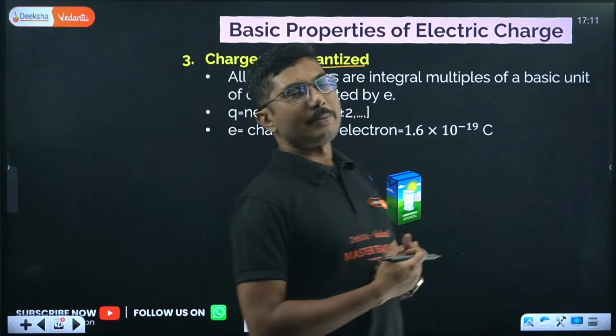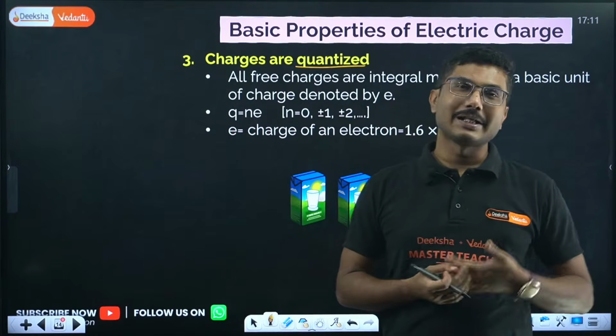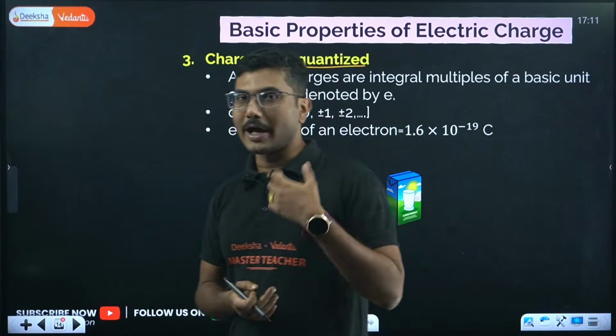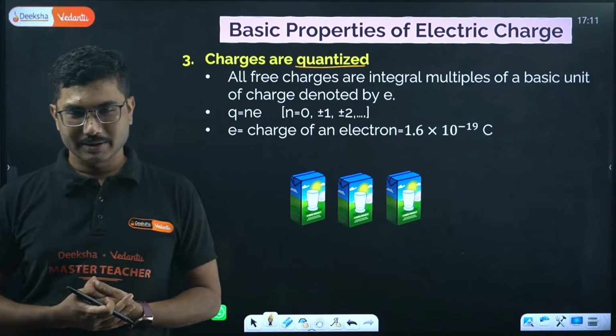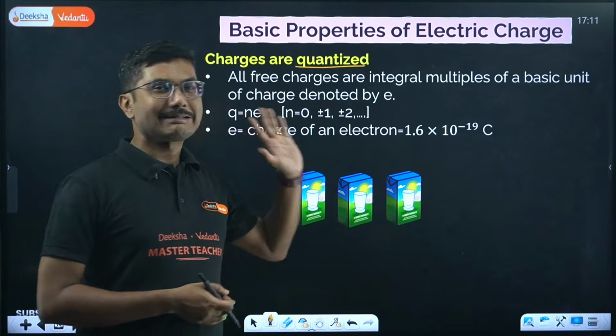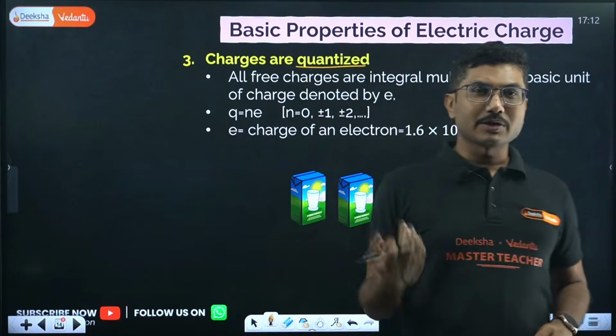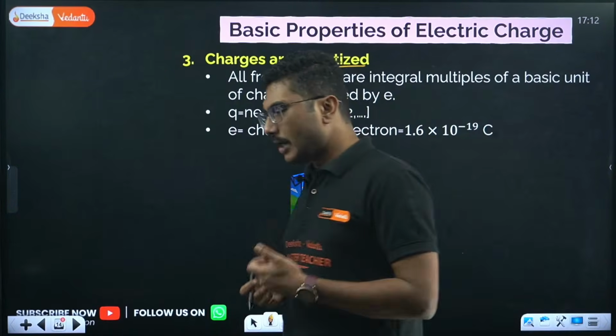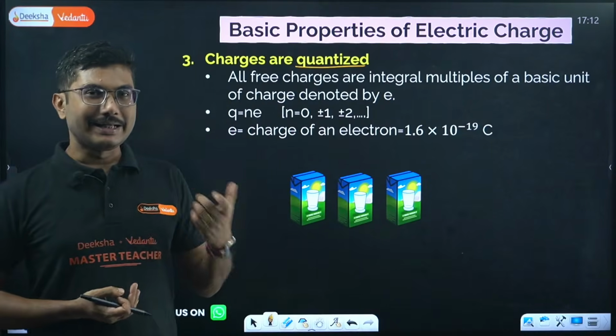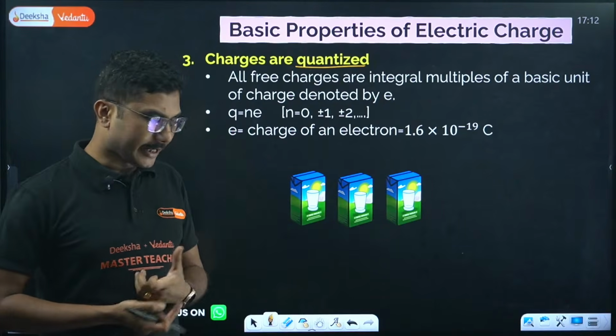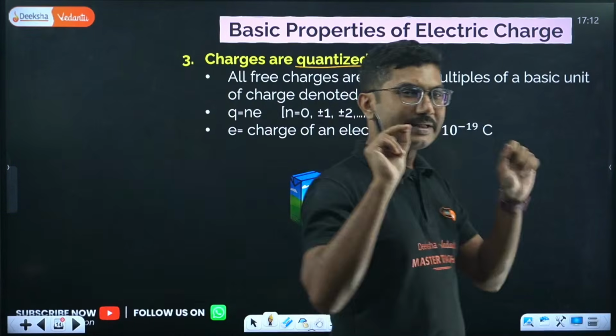So you will not be able to get the 1.5 liters of milk that is required. So you basically have to buy 2 liters, right? Imagine the same thing happens in our charge world. In the charge world, you will see that each charge has a fixed amount of charge.